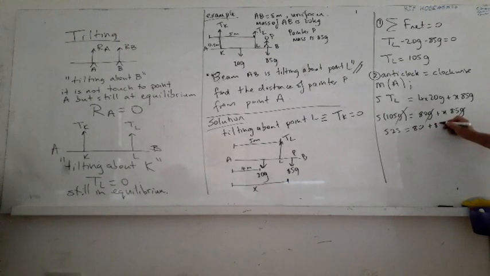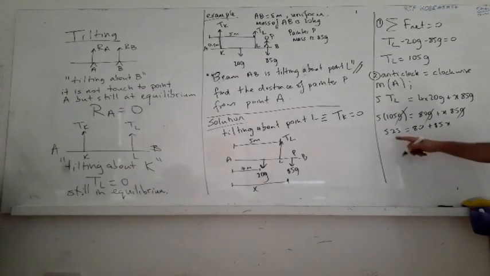When we subtract 80 from 525, it is 445 is equal to 85X.